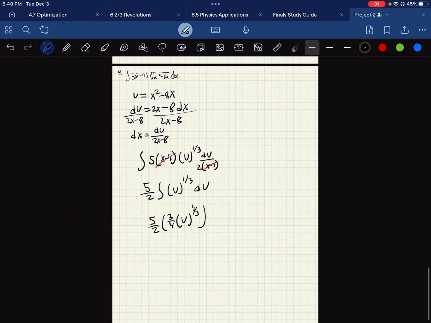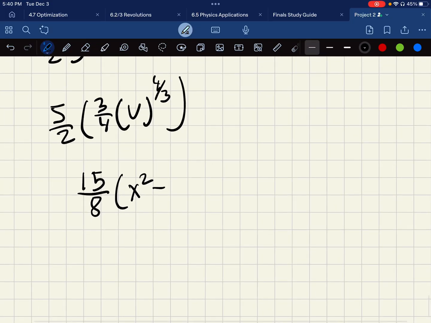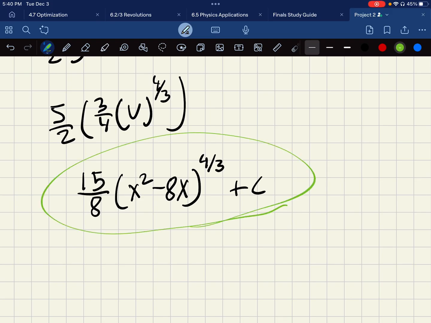And now we can plug our u value in, which is x squared minus 8x. Or let's multiply these first, actually, it would be simpler. So now we would get 15 over 8. And then our u value was x squared minus 8x to the 4/3 plus c, my bad. There we go, that is our final answer, and we're done.